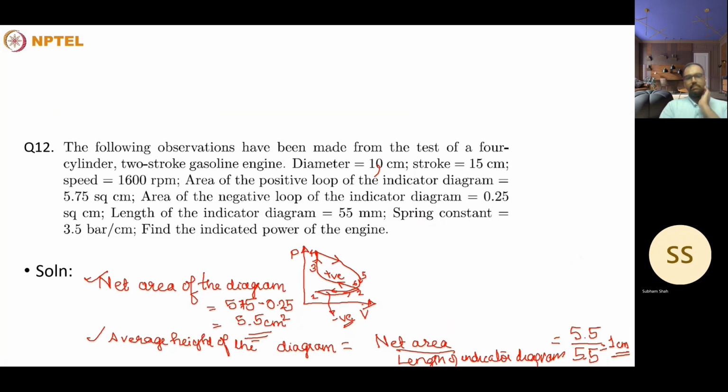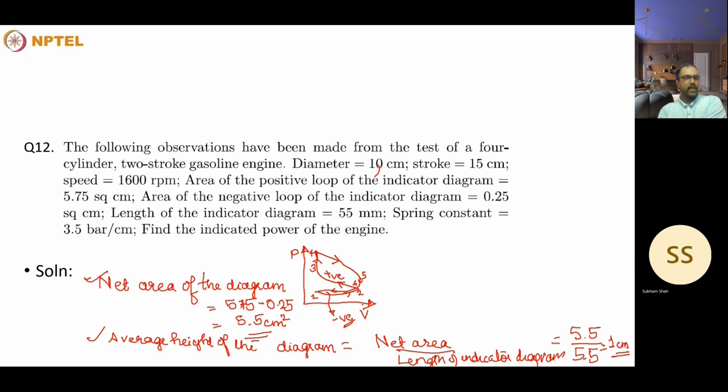So the indicated power of the engine can be calculated from the indicator diagram using the area of the indicator diagram. Net area is equal to the area of the positive loop minus the area of the negative loop. That divided by the length of the indicator diagram will give the average height of the diagram. Multiplying the average height with the spring constant, we get the indicated pressure.